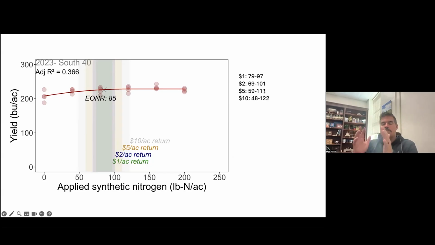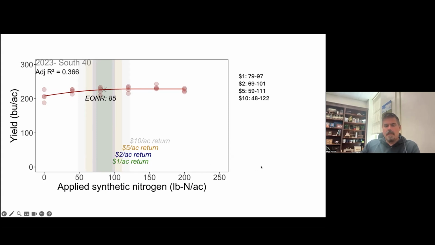So with these flatter curves, the ranges get bigger and bigger. That's the other aspect of these flat curves. With sharp curves, everything's nice and tight. With these flat curves, it's a much bigger range. It demonstrates some of the economics: this farmer could have applied almost 100 pounds and still been quite profitable, even though there's very little yield gain to be made.